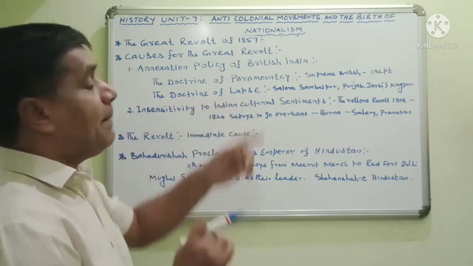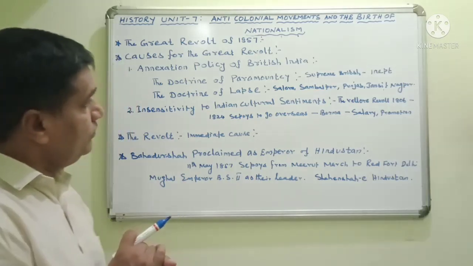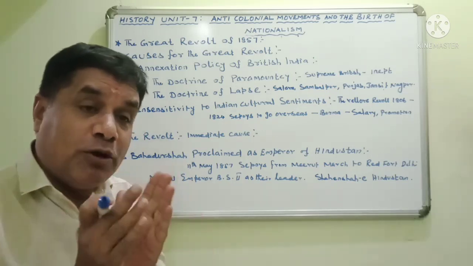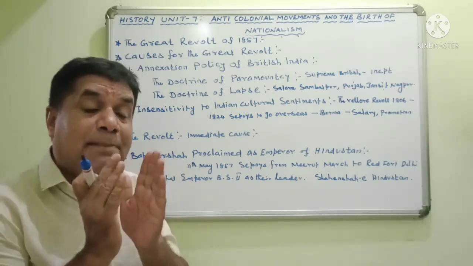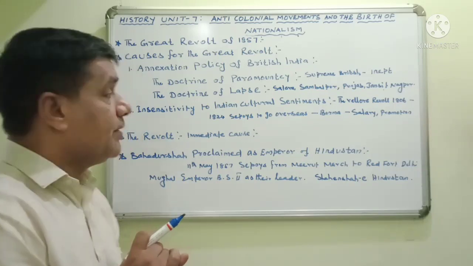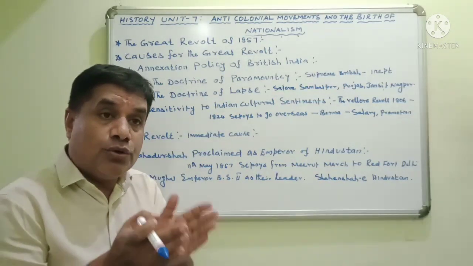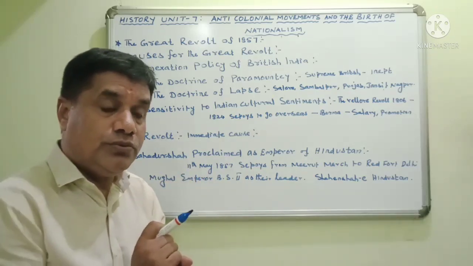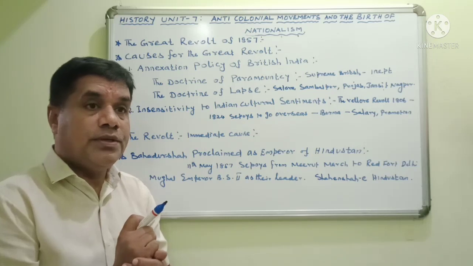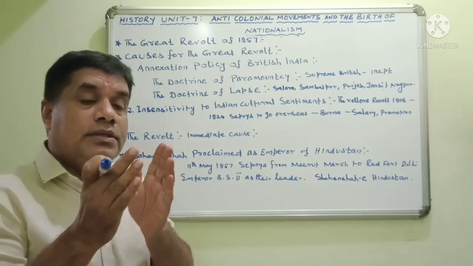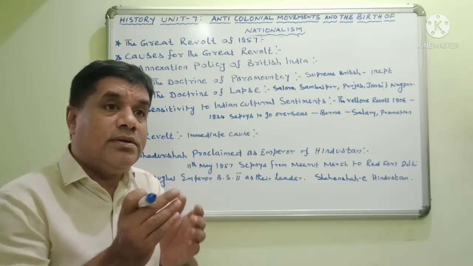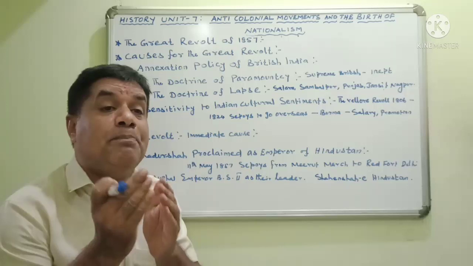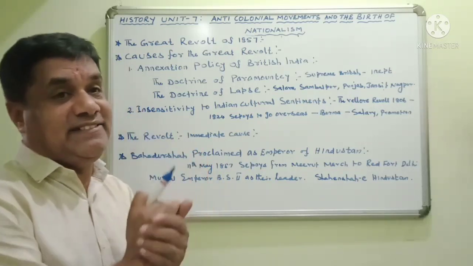The doctrine of lapse. Listen here carefully, students. What do you know about the doctrine of lapse? Doctrine of lapse means if the ruler died without male issue, the adopted son inherits only the personal property of the deceased.